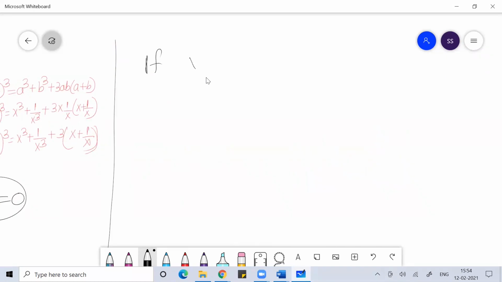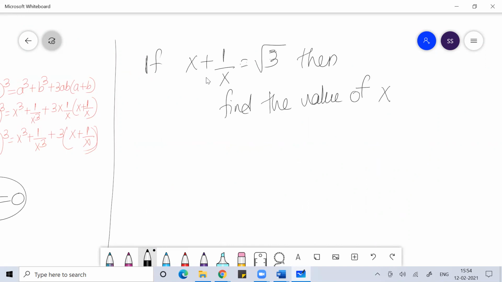If x plus 1 by x is root 3, then find the value of x to the power 6 plus 1 by x to the power 6 plus 2. Then find the value of x to the power 6 plus 1 by x to the power 6 plus 2.